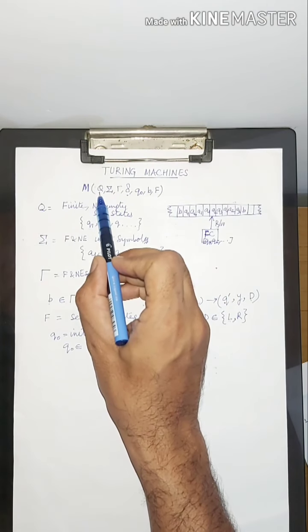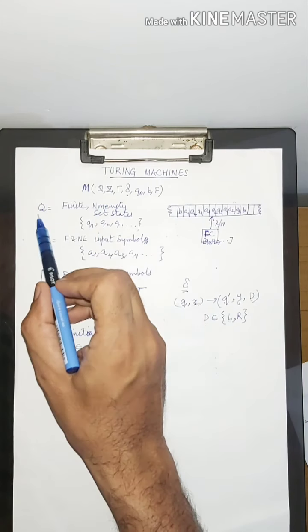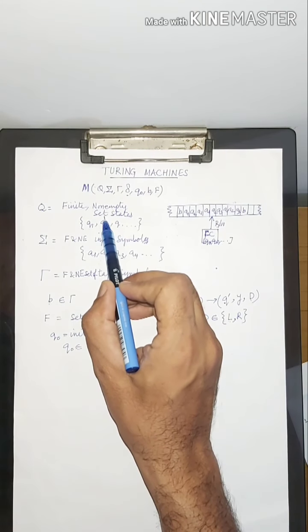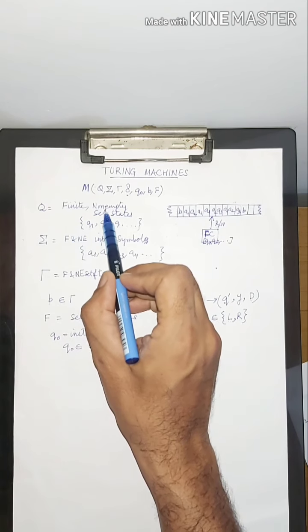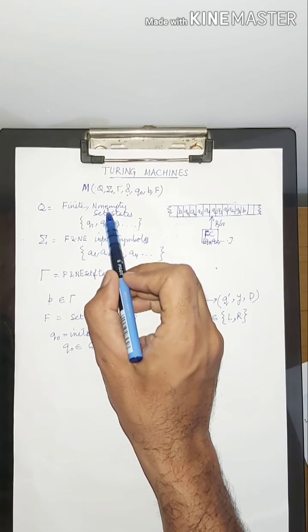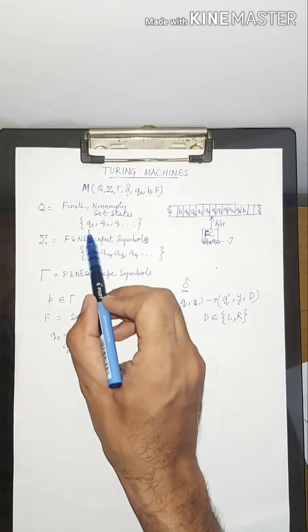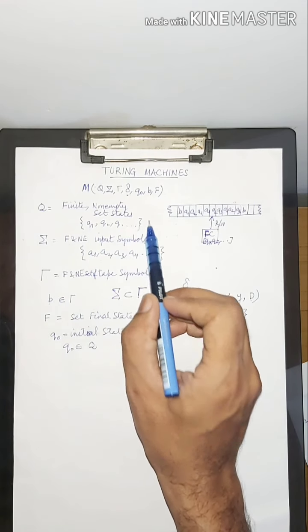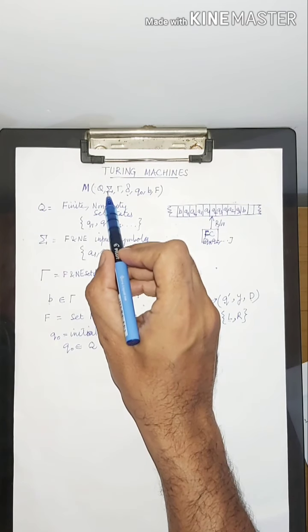First of all, you have capital Q. As in case of finite state automata, it is the finite and non-empty set of states. These finite and non-empty adjectives have a special significance. So Q, as usual, is a set of states, and these states are usually indicated by small q's, Q1, Q2, Q3, etc. Let's move on to the second component of the Turing machine.